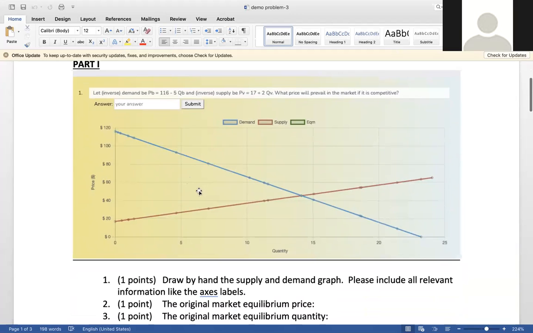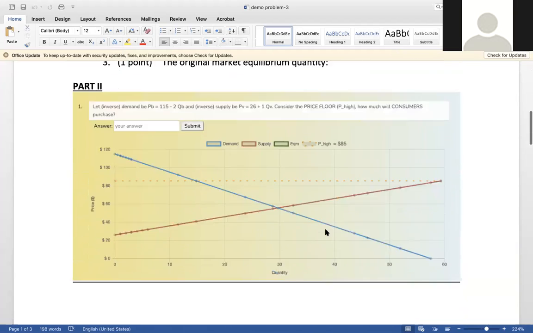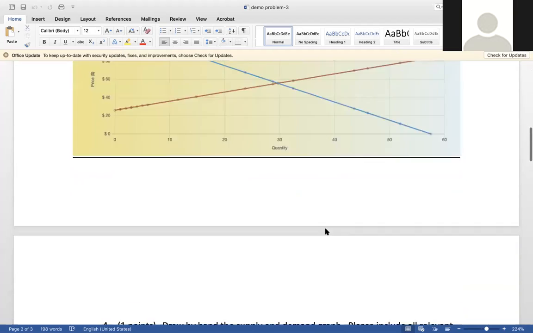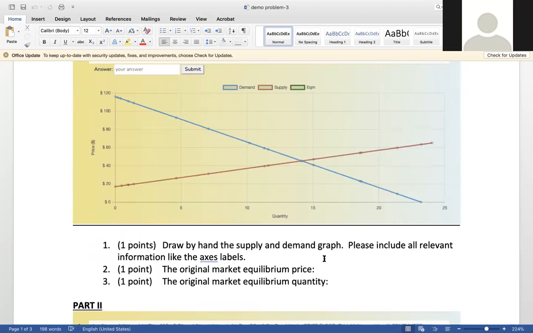And then you'll see that there are these graphs from Ignithium. And then the instructions are really straightforward. These are based on assignments that we've already done on Ignithium. So it's draw by hand the supply and demand graph. Please include all relevant information like the axes, labels, so price and quantity and so forth. And then you identify the original equilibrium price. Now, obviously, you guys can't see because these aren't interactive, but you can kind of guess.